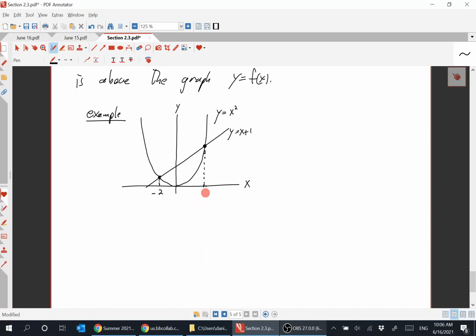This is -2, and that's 3. All right, we see that x plus 1 is greater than or equal to x squared when -2 is less than or equal to x is less than or equal to 3. All right, so -2 to 3.